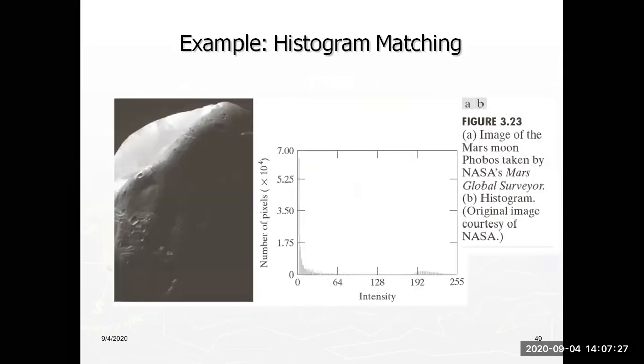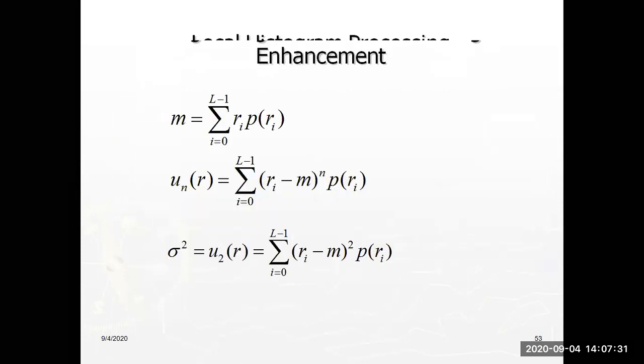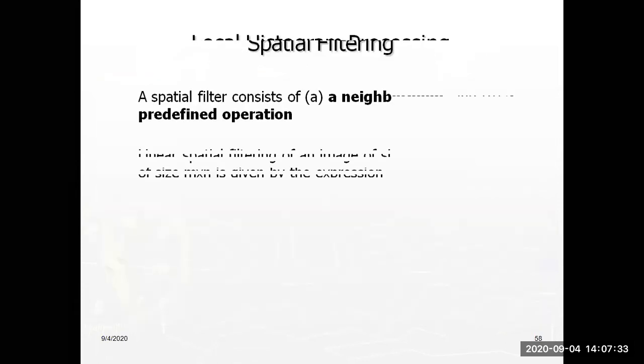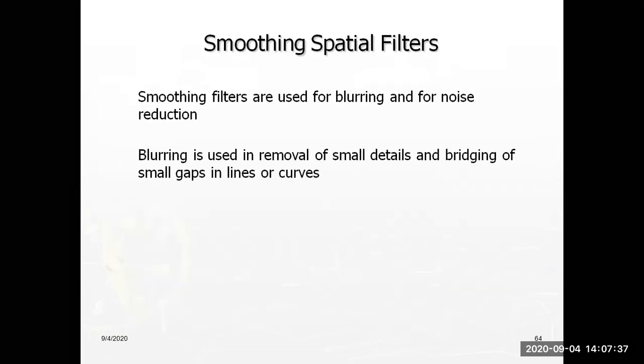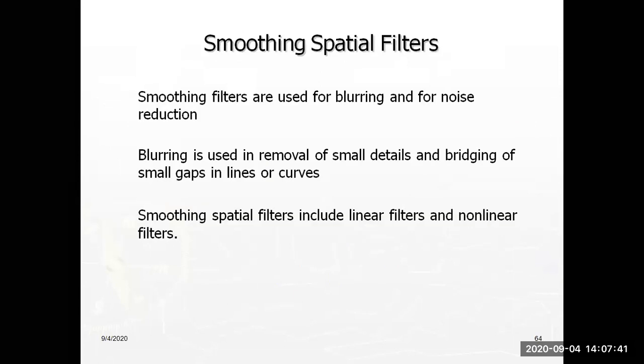I already told you the basic difference between spatial filtering and frequency domain filtering. In spatial filtering, we perform the filtering operations directly, but in frequency domain filtering, we first convert the image from the spatial domain to the frequency domain, and only then operate the filtering operations.